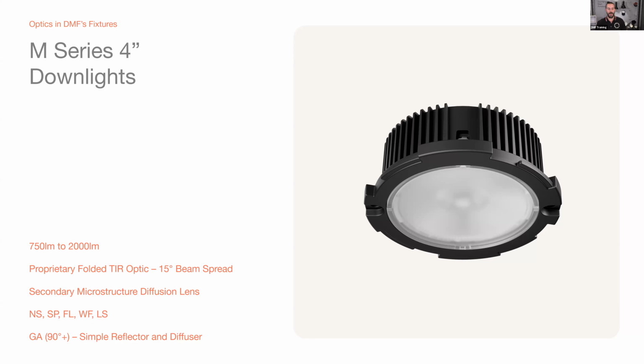So what we have on the inside is a proprietary TIR optic that we've designed for this fixture. Again, this is a very compact profile, and the LED sits only about halfway into the depth of this assembly, because the driver takes up the other half. So we have a very, very compact TIR optic that concentrates the light beam down to about 15 degrees.